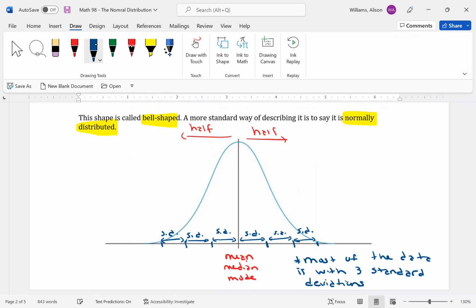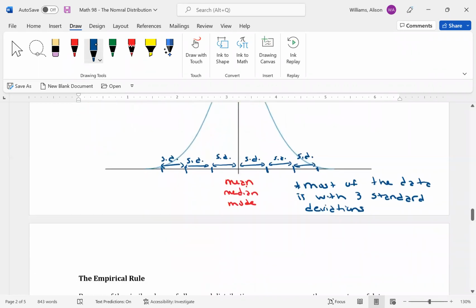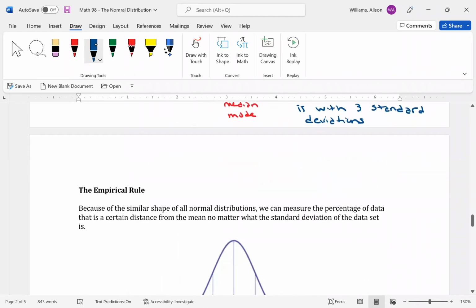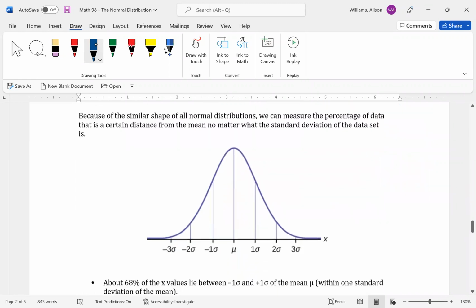Okay, now what that actually leads us into is this concept called the empirical rule. Because of their similar shape, normal distributions actually follow a percentage based on the standard deviation. Now, in a previous video, we introduced this notation for standard deviation. It's a circle with a tail on it. This means standard deviations.